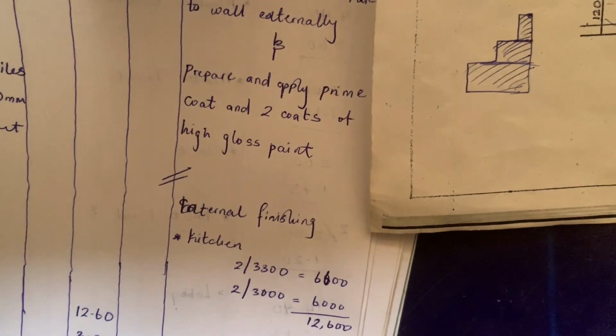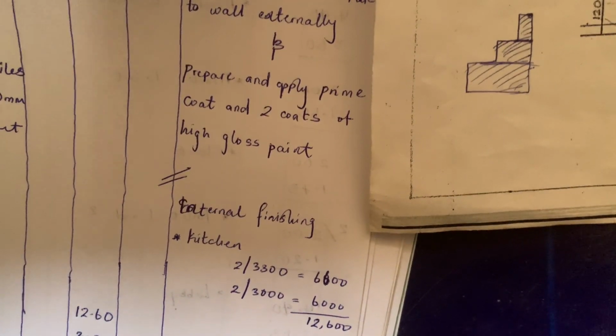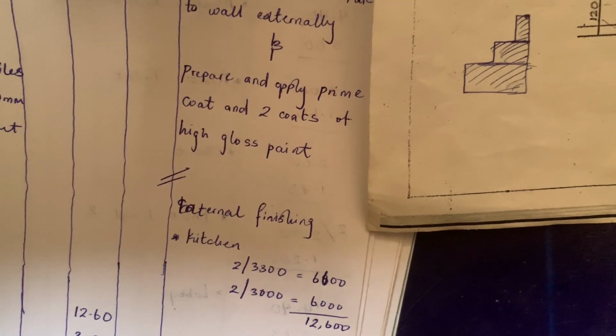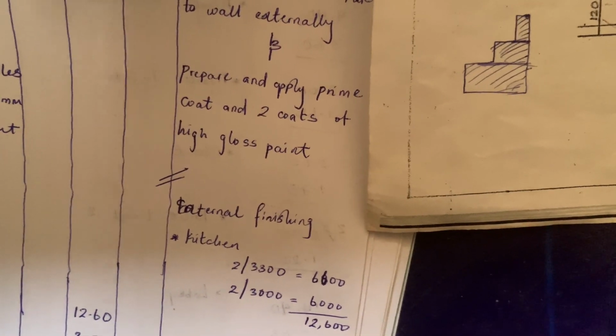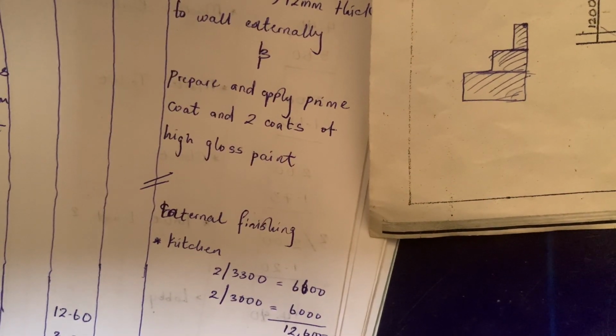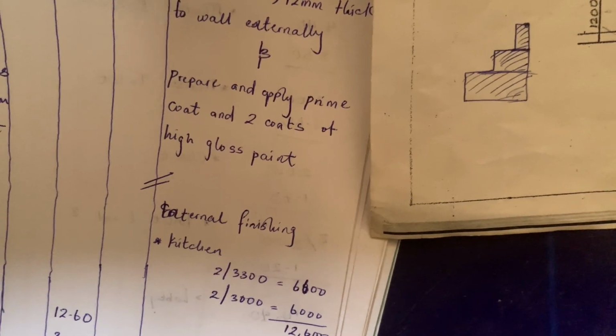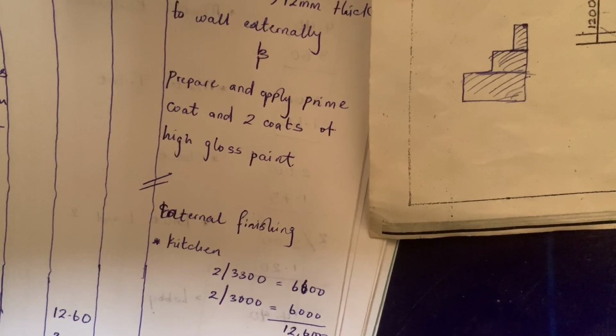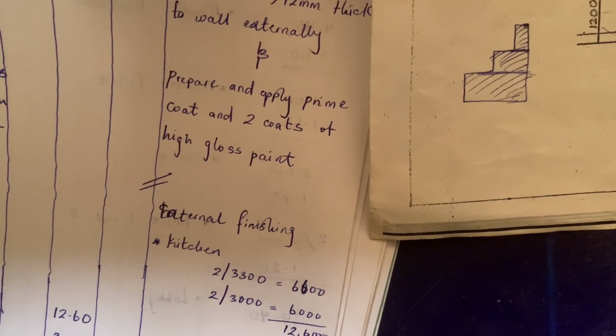So let's book. We have the porch. The length of the porch is 5,525. That's 2 by 5,525 plus 2 by 1,200.